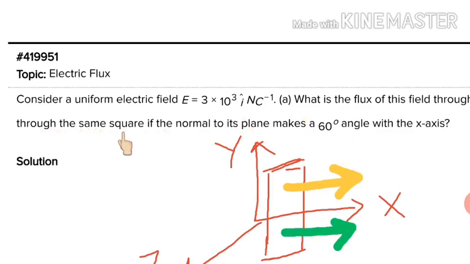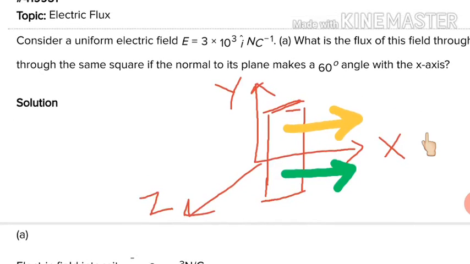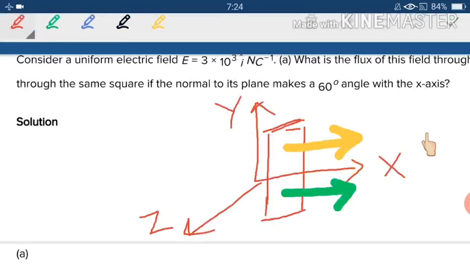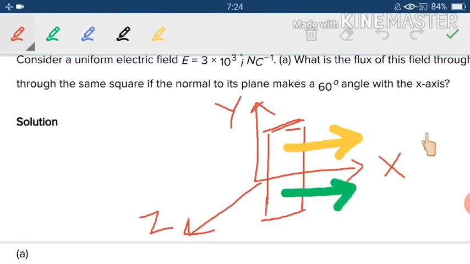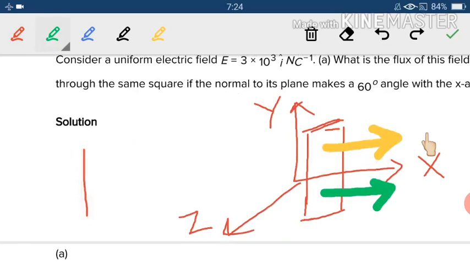What is the flux through the same square if the normal to its plane makes a 60-degree angle with the x-axis? It means there is some inclination now. Let me draw it just to make you understand. Now they say that if this is the plane, the electric field is in this direction, and just a minute, they have changed the orientation.